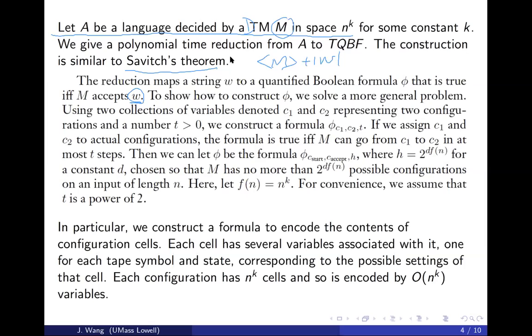Since we are going to simulate a computation history, M on w will start from an initial configuration, and then you go to the next configuration. So let me use the arrow key here.